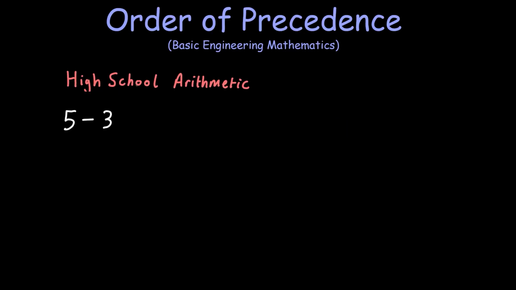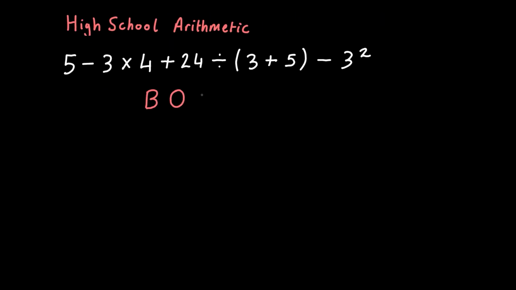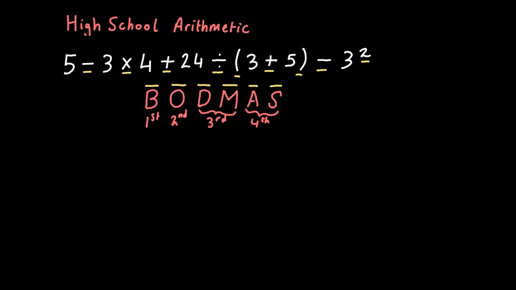Now let's look at a sum containing all 6 operators. So this one is even more complicated still. If we write out our mnemonic BODMAS, we can mark down what operators we have in this sum and remind ourselves of the order. Also remember, we always move through a sum from left to right. We've got 5 minus 3 times 4 plus 24 divided by, open bracket, 3 plus 5, close bracket, minus 3 squared.